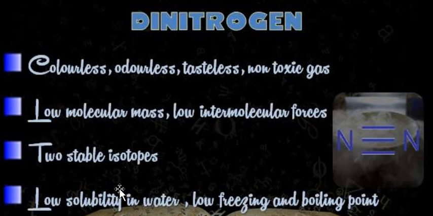But the reactivity can be increased by increasing the temperature, and at higher temperature it directly combines with some metals and forms ionic nitrides, and it can also react with non-metals, and when it reacts with non-metals it forms covalent nitrides.